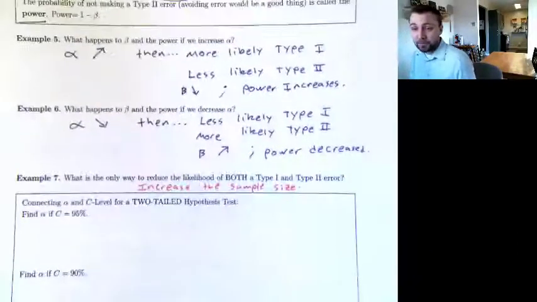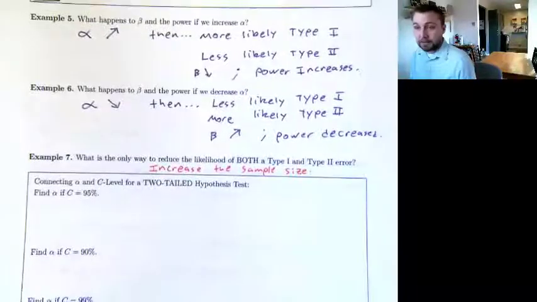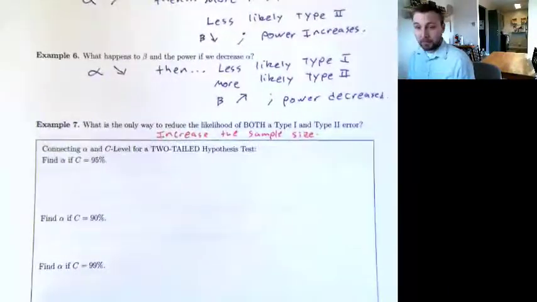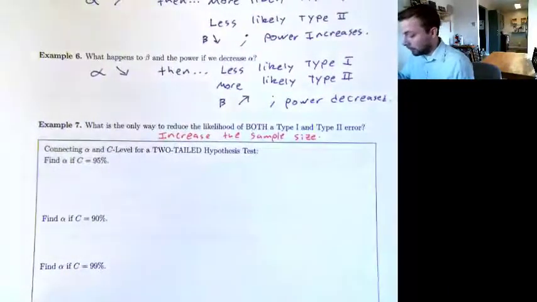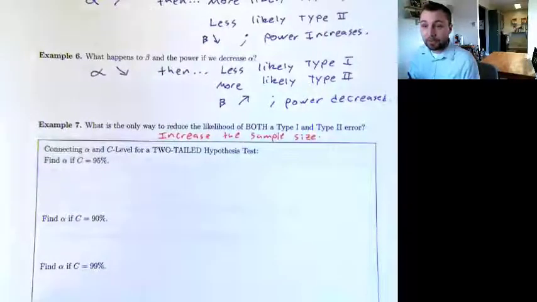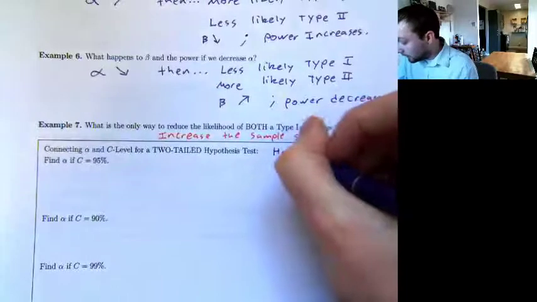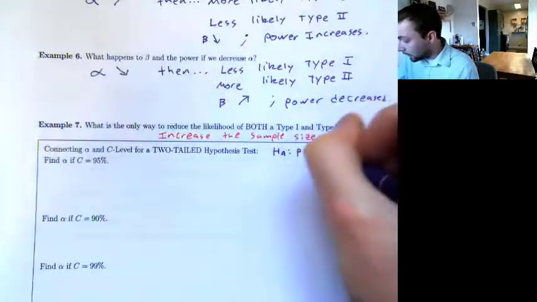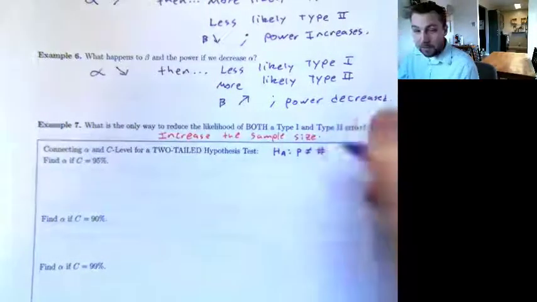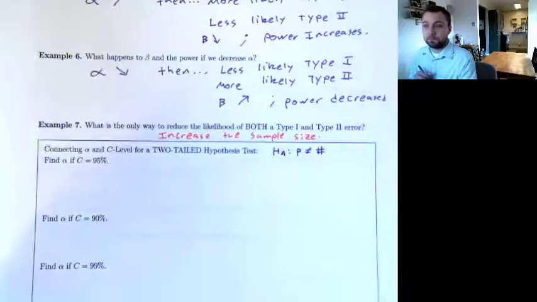I promised you I'd show you the connection between alpha and C. Let's look at that connection together here. So I'm going to start out with pretending that I'm doing a two-tailed test. Reminder, a two-tailed test is going to happen when you have an alternative hypothesis of not equaling a value.